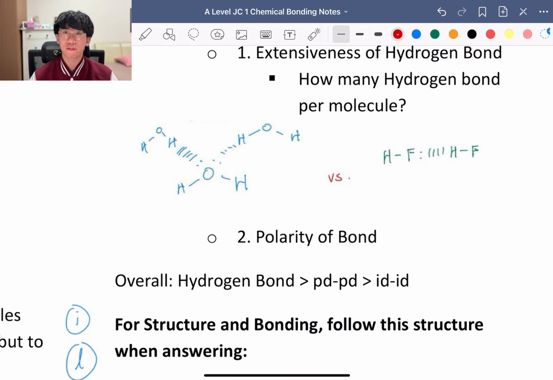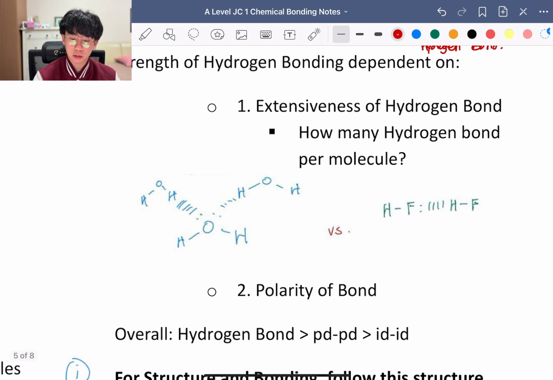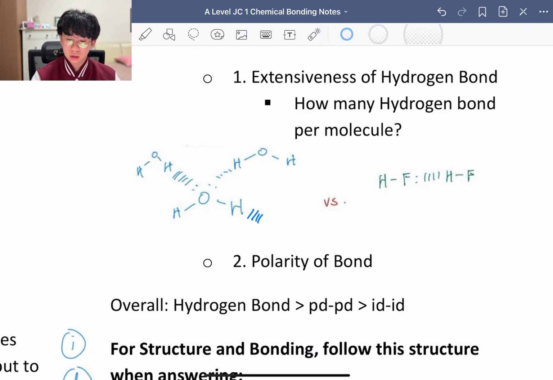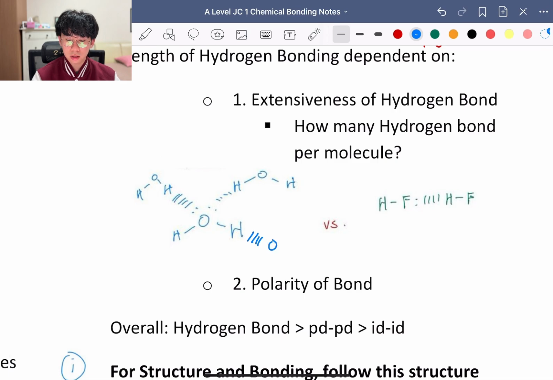Well, actually, it's more like 4 different water molecules because these hydrogens can also bond to other water. So you can actually bond up to 4. Of course, putting in all my delta minuses and my delta pluses.